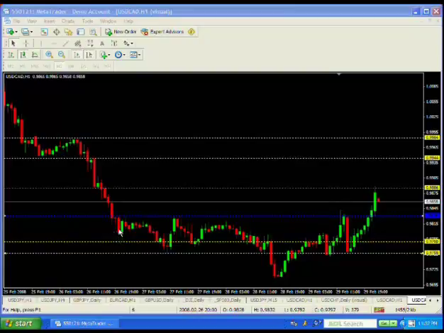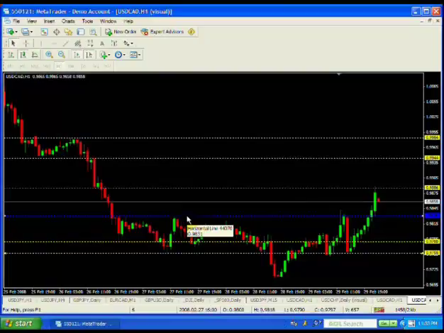Okay, but now for a moment, let's forget about mother. Let's say that in this situation, this was not an outside bar. This was not mother. The same way dynamic support is created on the way down, dynamic resistance is created on the way up. So once we get here on the way up, once we see a red bar or a down bar, we draw our resistance line right at the top of the green bar.